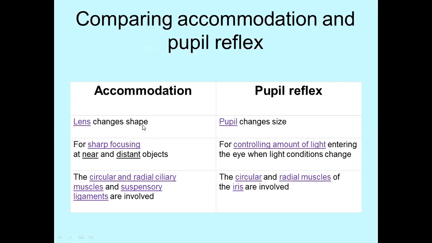Here you could even make this into 2 different points: the aspect that changes, the shape of the lens versus the size of the pupil. Remember that it's important that you compare the same things in the row. You can't say lens changes shape, whereas suspensory ligaments become taut or something like that, which is wrong for this one. But what I'm trying to say is you can't have on the same row things that are not comparable.